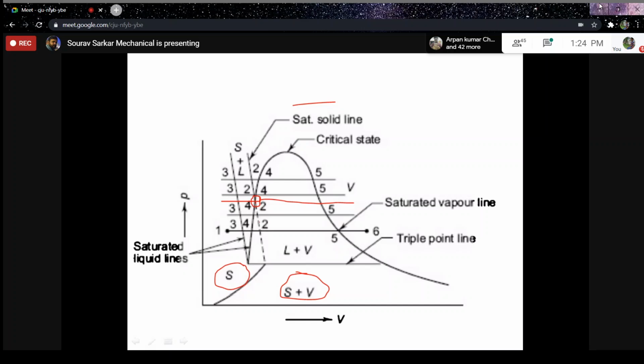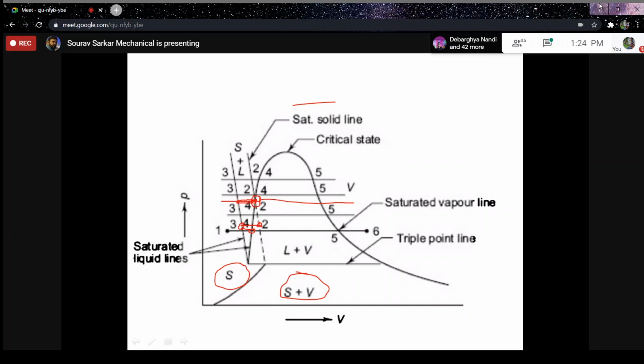So here what is happening? This is the ice. Ice is converted into liquid. Then liquid is further heated to boil. So there are three initial points: 1, 2, 3. This is 1, this is 2, and again it is coming back to 3.